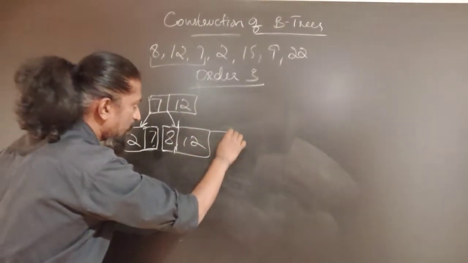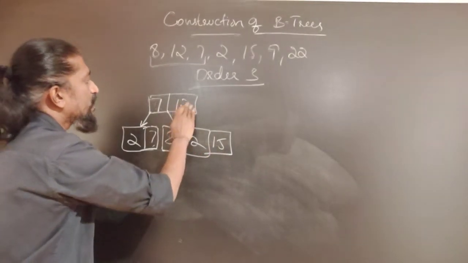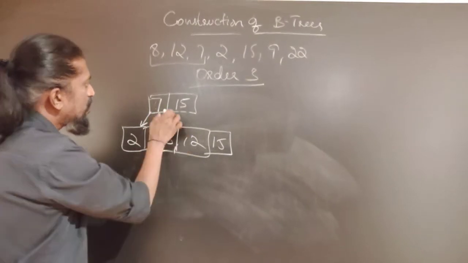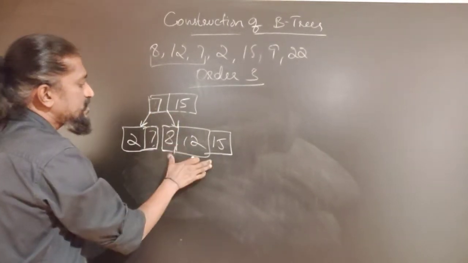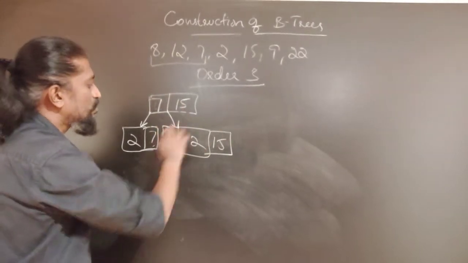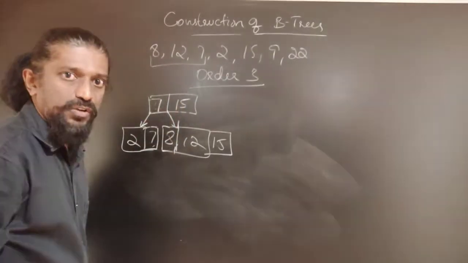So therefore it has to come in this particular node, and since this happens to be the largest key, that will be promoted to the root node. So now this pointer tells that this subtree consists of keys greater than 7 and less than or equal to 15, and we can notice that this has keys 8, 12 and 15 which are greater than 7 and less than or equal to 15.